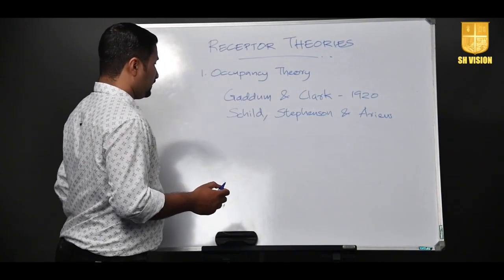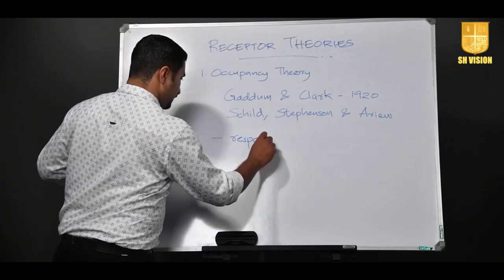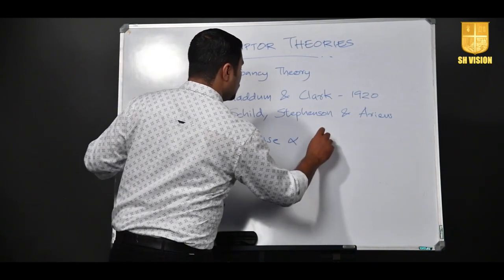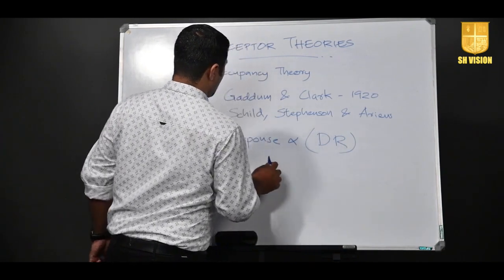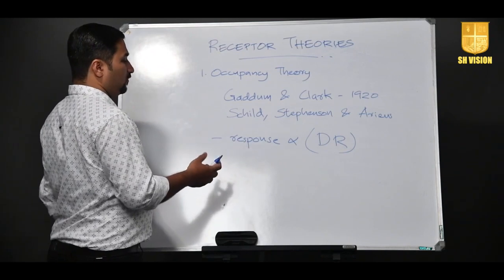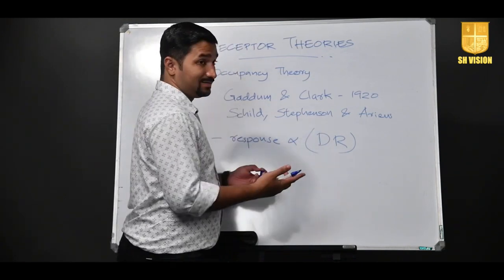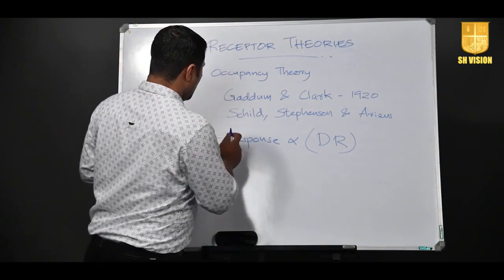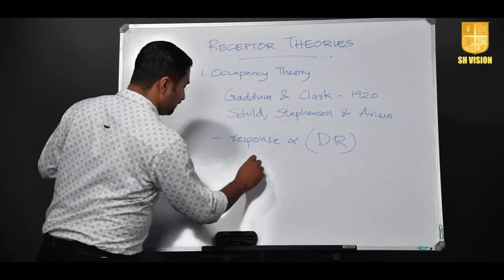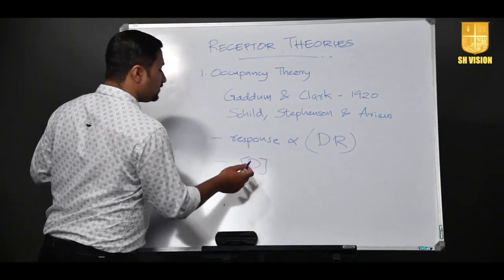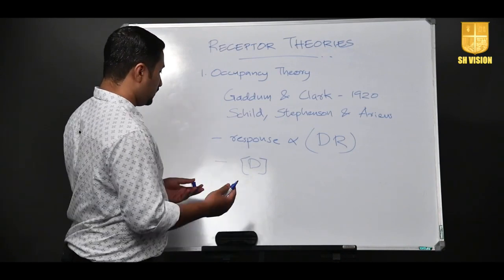According to the theory, the response of a drug is directly proportional to the amount of the drug receptor complex that is formed. So, the response of a drug will be directly proportional to the concentration of the drug receptor complex formed. So, the response will be independent of the concentration of the drug that we administer. So that is an important point.